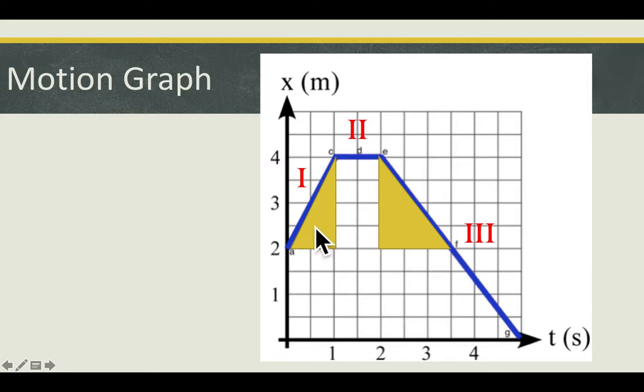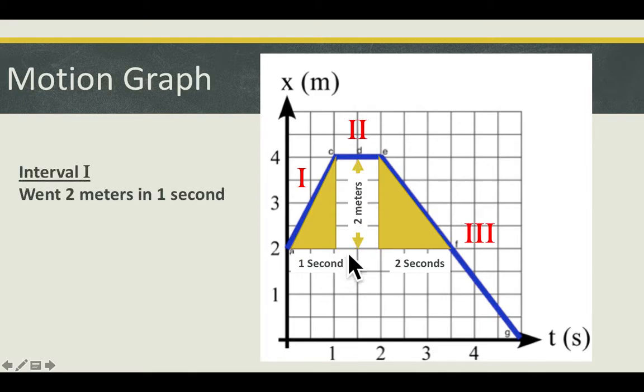So in this first little interval of time, over 1 second, this moved 2 meters away. And then during the next, when it came back to the same position, that took 2 seconds. So it moved 2 meters in 1 second to start with, and then it moved 2 meters in 2 seconds.